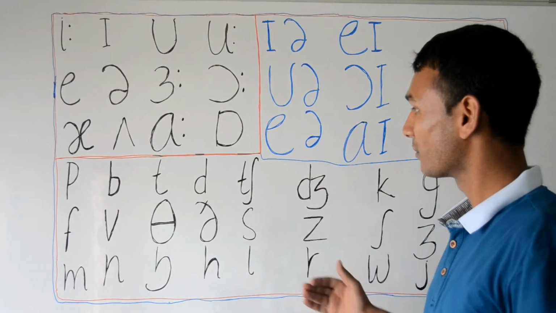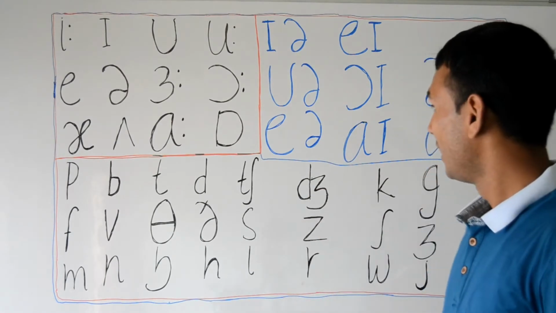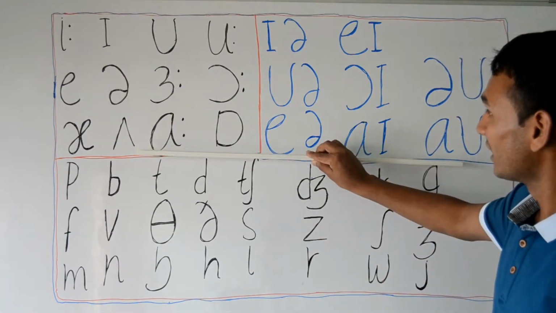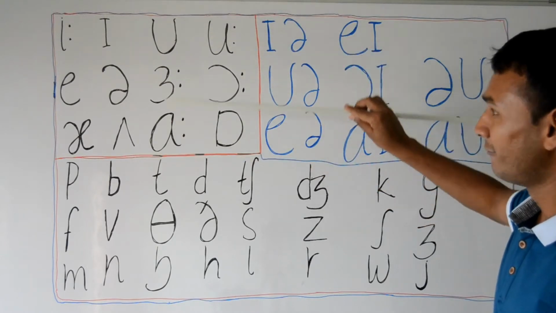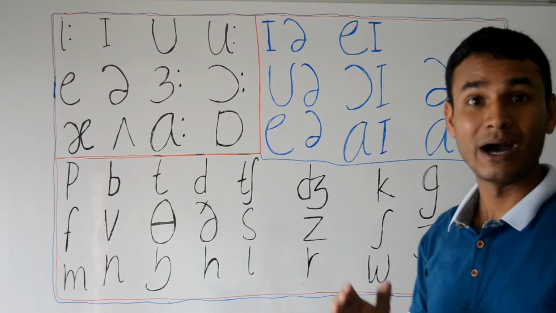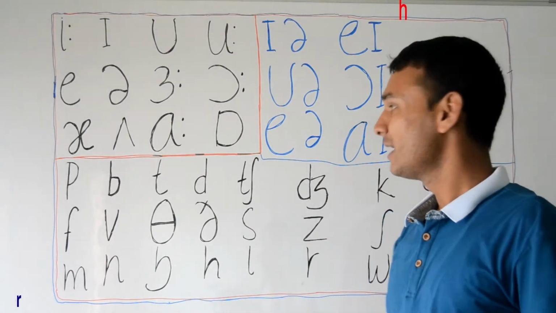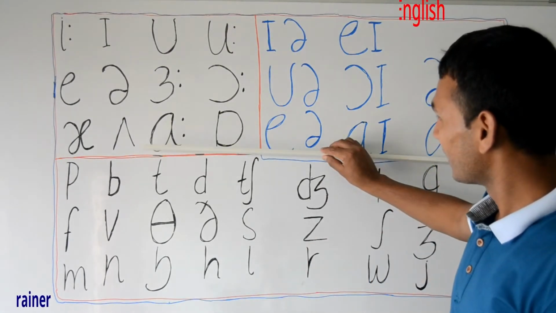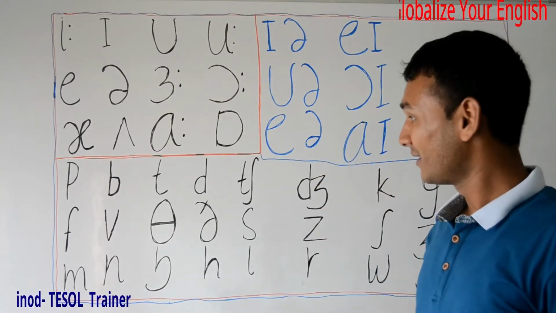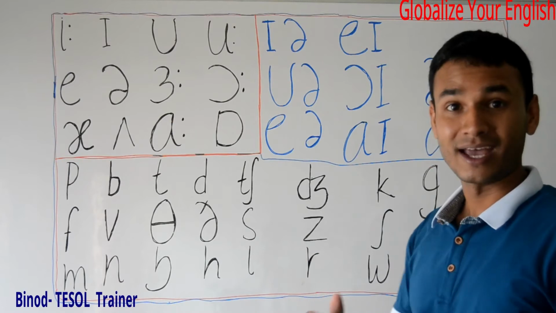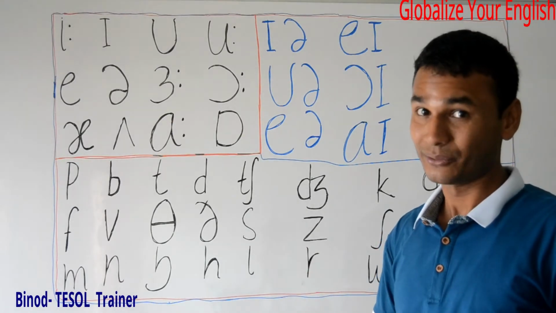So here in this table on the board you can see these sounds here above this line are vowel sounds. There are 20 vowels in English language, okay? And at the bottom here we've got the consonant sounds. Altogether there are 44 sounds in English language.